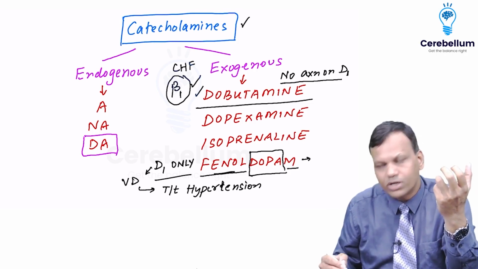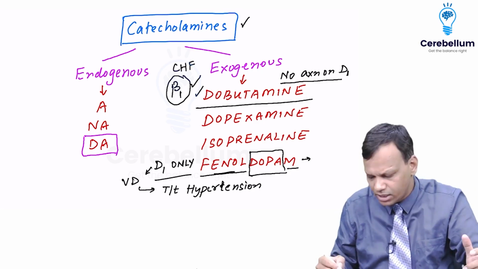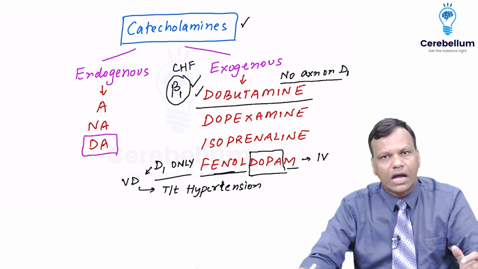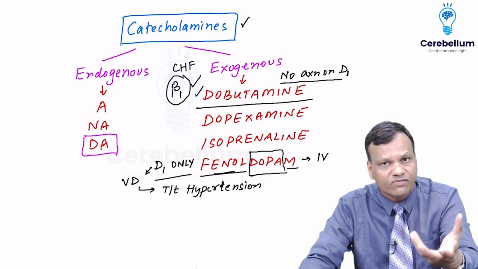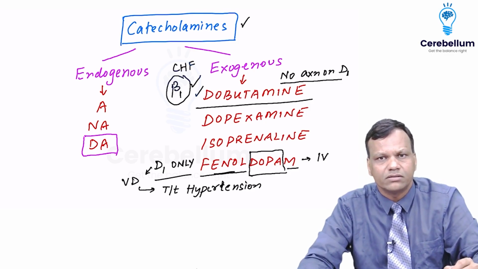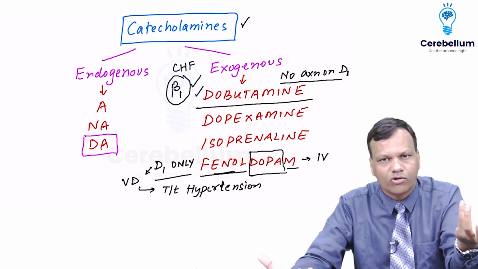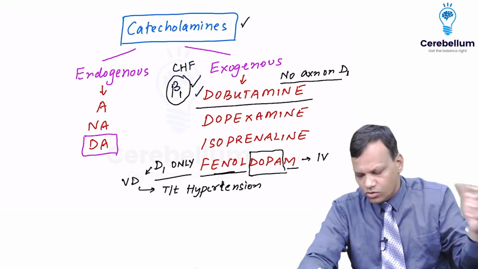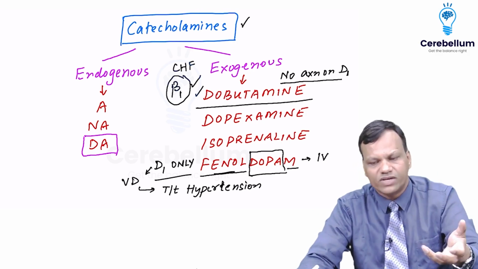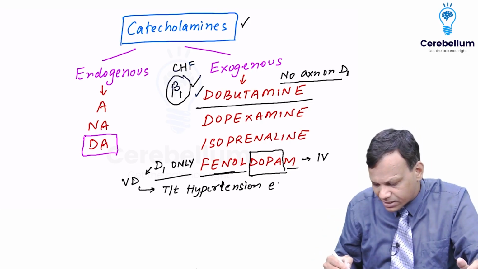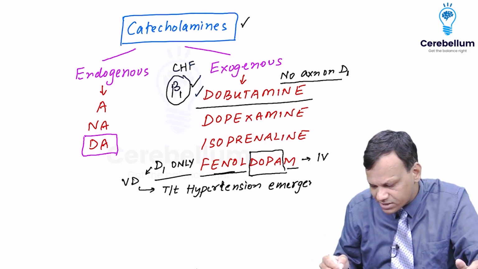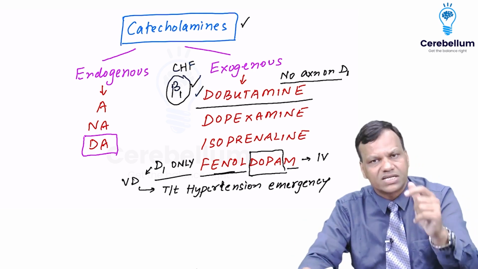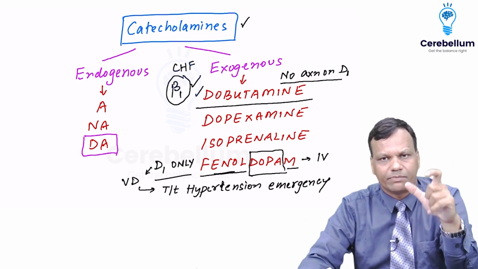We cannot give them orally. So none of these drugs is effective orally, so we need to give IV. And will a person like to take an IV injection for a mild increase in blood pressure? Obviously not. So in mild BP, we will give oral drugs. So it will be used when we have to give IV, that means in hypertensive emergencies. So fenoldopam is indicated in hypertensive emergencies only, not for routine hypertension.